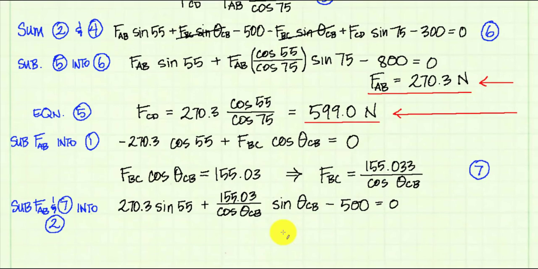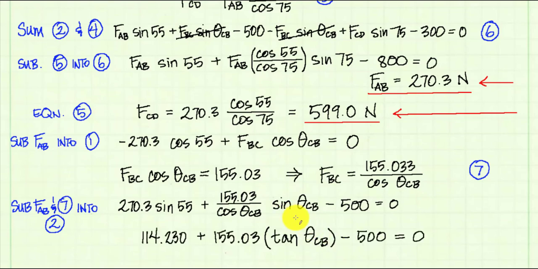When I substitute the value for force AB and the value for force BC in equation 7 into equation 2, I find we get this expression: 155.03 divided by the cosine of theta CB times sine of theta CB.